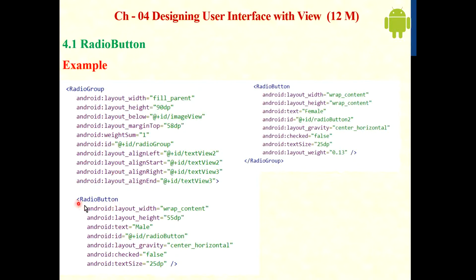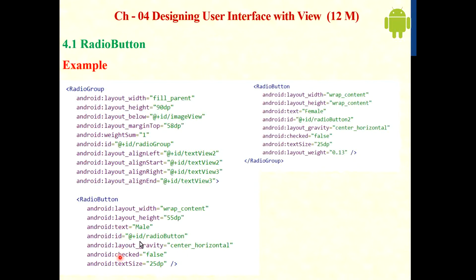Then here I create the first radio button, whose text is male. Here I pass the text. For the ID, we set the ID; we can set any name, like R1 for the radio button. This name is used in the Java program. Then height, width, gravity, checked, text size.